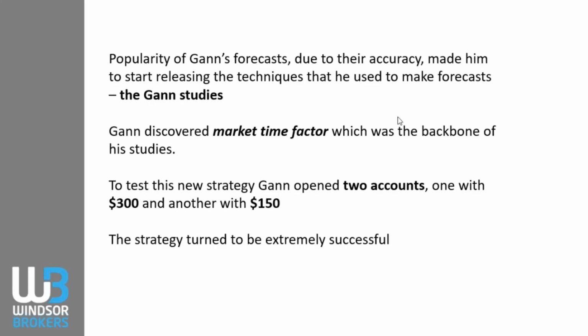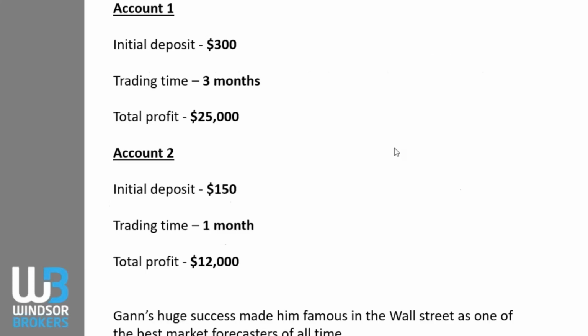Gann made enormous profits according to the initial deposit. So the $300 account within 3 months turned into a total profit of 25,000 US dollars, while the smaller account with an initial deposit of $150 for 1 month of trading generated a profit of 12,000 US dollars.